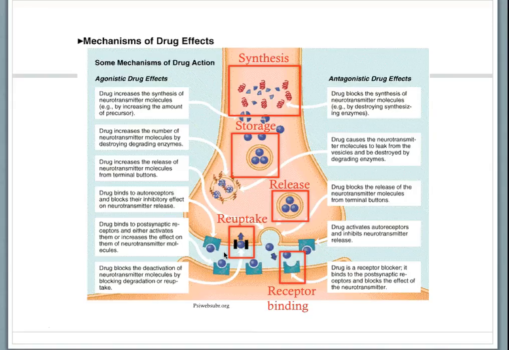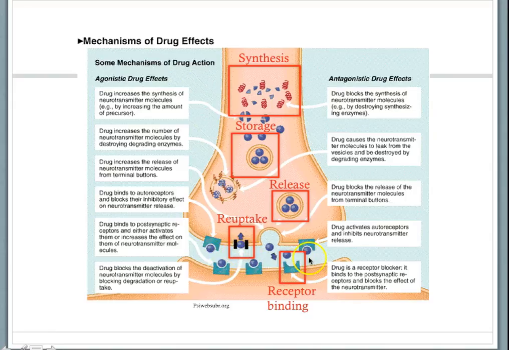And finally, receptor binding directly. So we can have an agonist that binds directly to a postsynaptic or a presynaptic receptor. We didn't talk much about presynaptic receptors, but we've got those too, okay? These are often called autoreceptors, and what they do is they tell the cell something about how much has been released, and they sort of, in most cases, serve as negative feedback, okay, to maybe block more synthesis of the neurotransmitter, because we know now that it's present in the cleft.